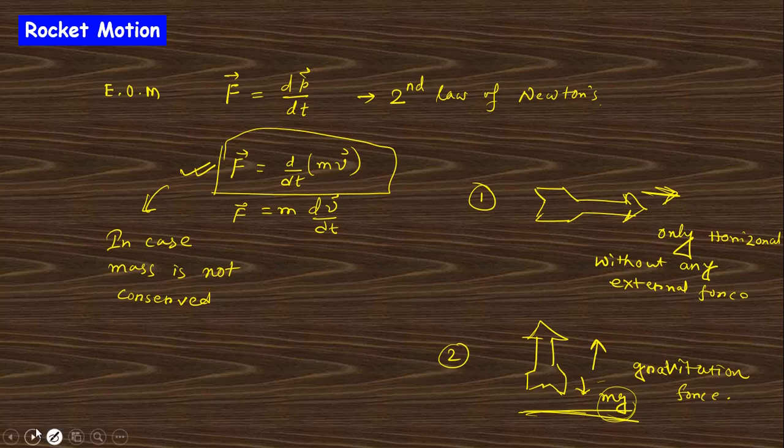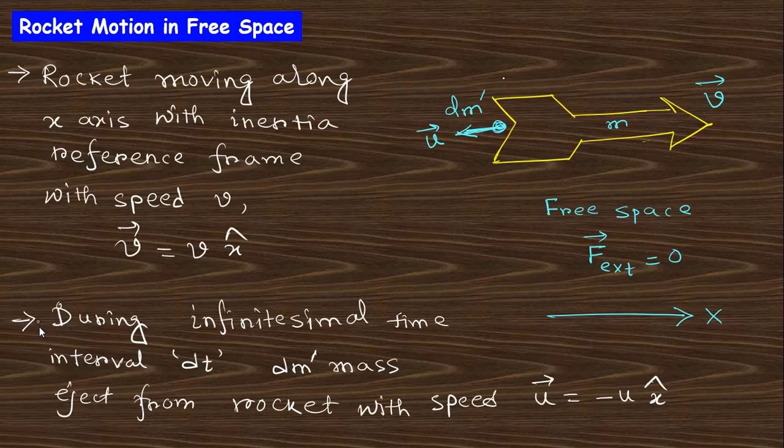Okay, so let's start with the first case. Here the rocket moves in free space, in a horizontal plane, and air resistance is neglected, so the friction or external force is taken as 0. The rocket moves along the x-axis, so its velocity can be written as v x-cap, where x-cap is the unit vector and v is the magnitude.